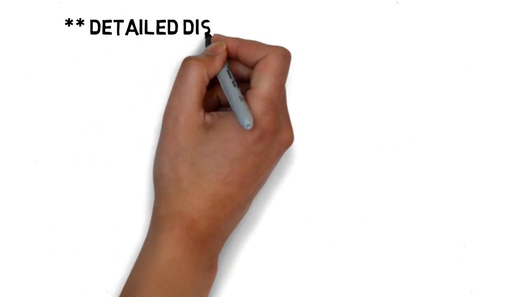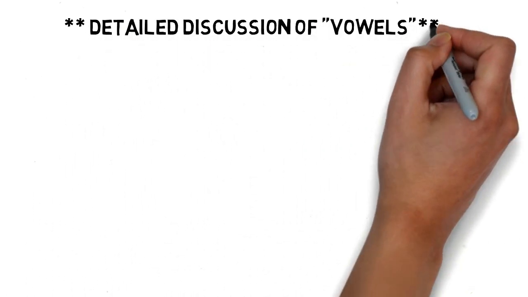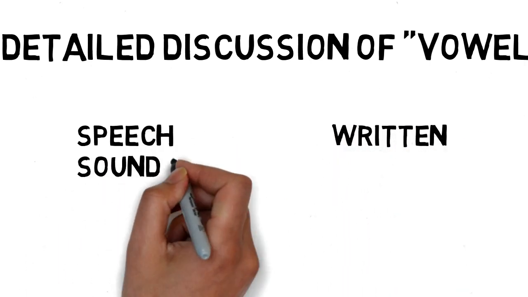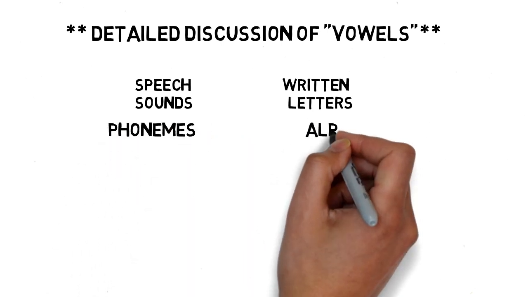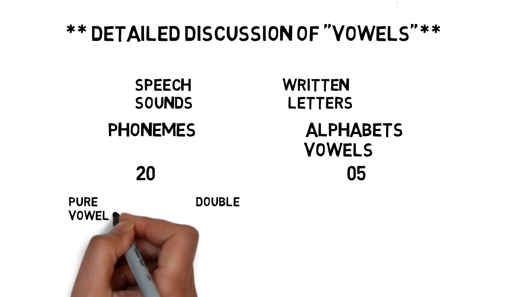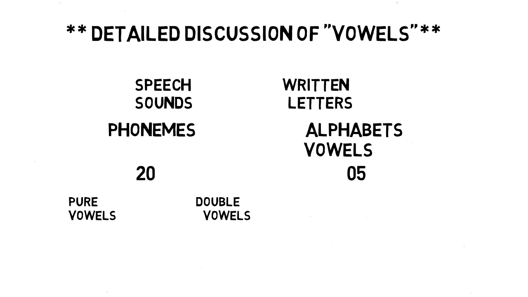Having discussed the basic difference between spoken and written consonants, we finally come to a detailed discussion of vowels. Like consonants, vowels too can be studied under two categories. Number 1, vowels as speech sounds, that is vowel phonemes, and number 2, vowels as written symbols, that is alphabet letters for vowels.